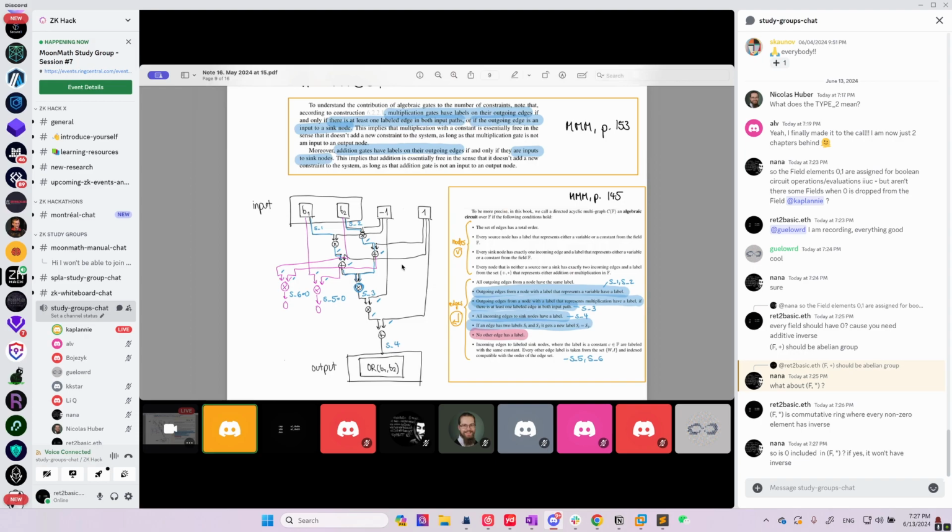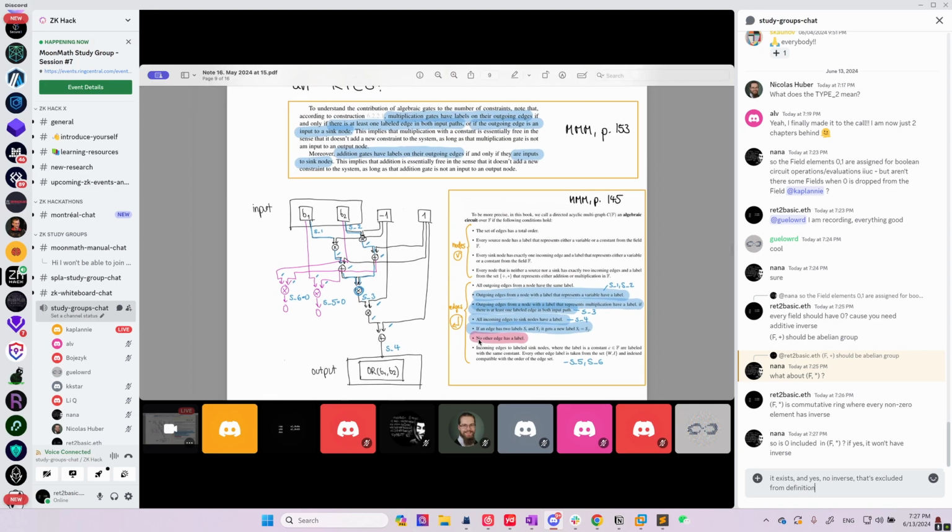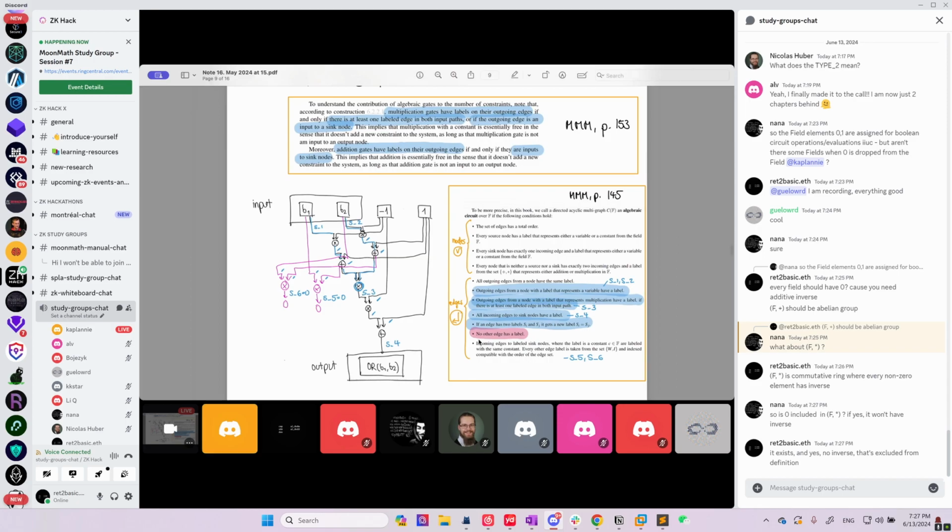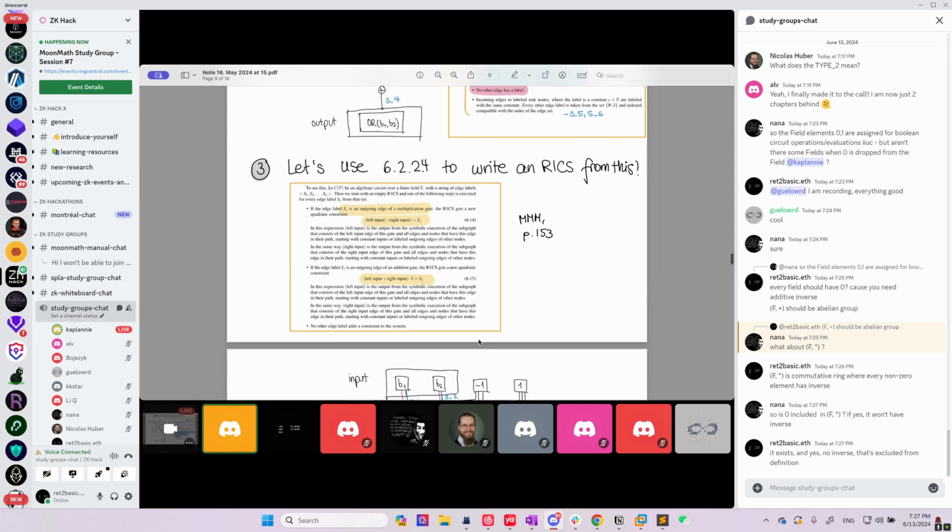And also addition, in a sense, is going to be free if it doesn't add a constraint to the system, so if it's not an input to an output gate. So that's the idea. I hope this helped for the questions from last time.